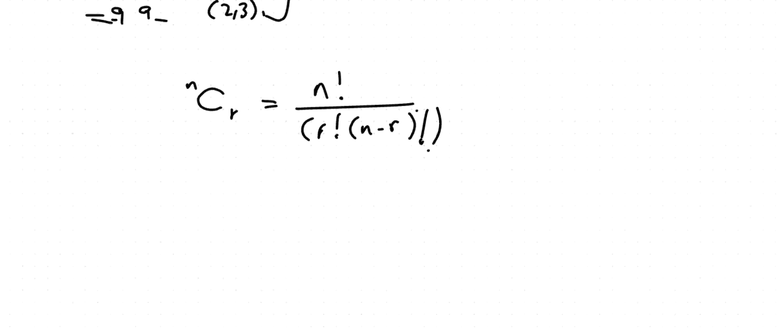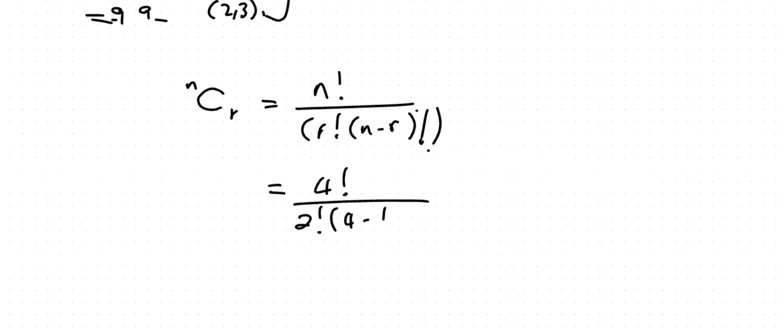So in this case, it would be 4, 2, 4 minus 2. If we put that in our calculators, it's going to give us back 6. So it means we can have 6 arrangements.